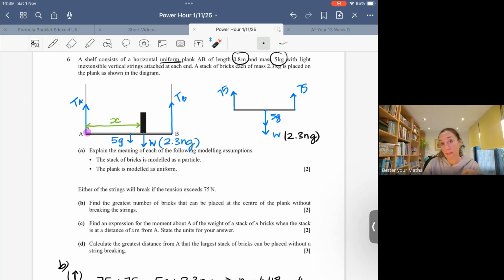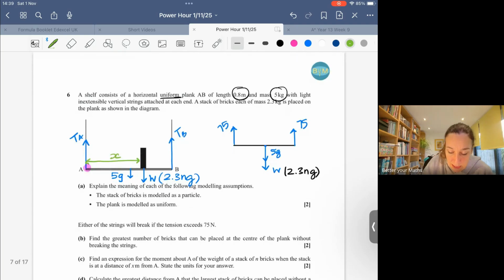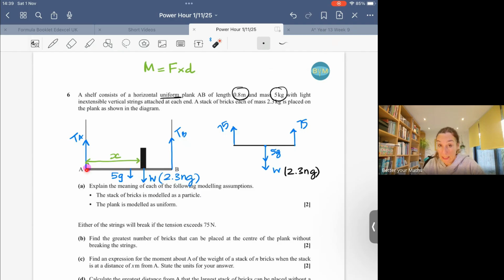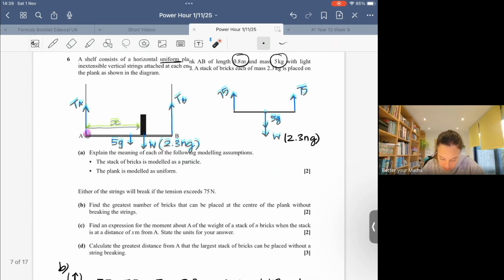And the moment is just measuring that. It is the rotational effect of a force. The moment is going to be the force multiplied by the perpendicular distance, just that. Which means, in this case, the moment about A is going to be the force, and it says in terms of what?